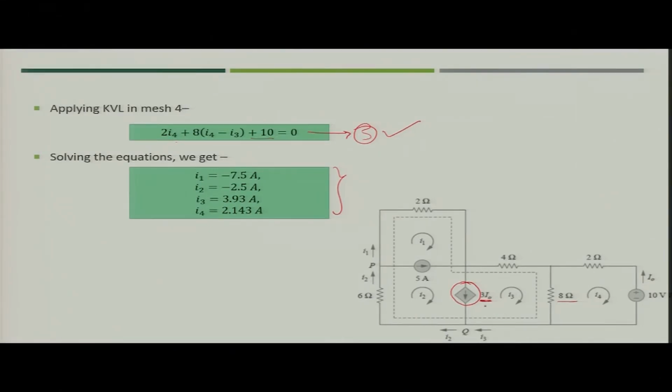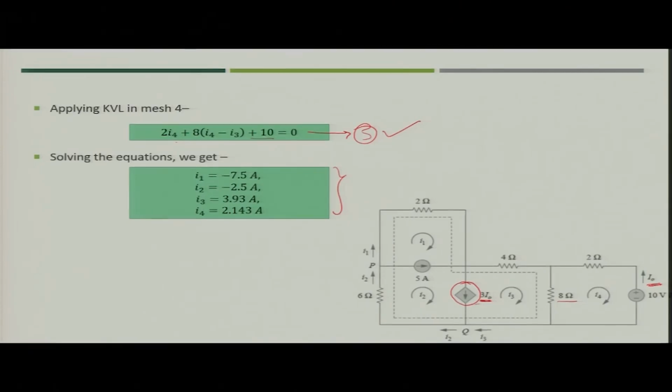Here the dependent current source value depends upon the current flowing from the voltage source. With the value we calculated, I4 is equal to minus I naught, it was easier to put the value in the dependent current source and do the analysis.